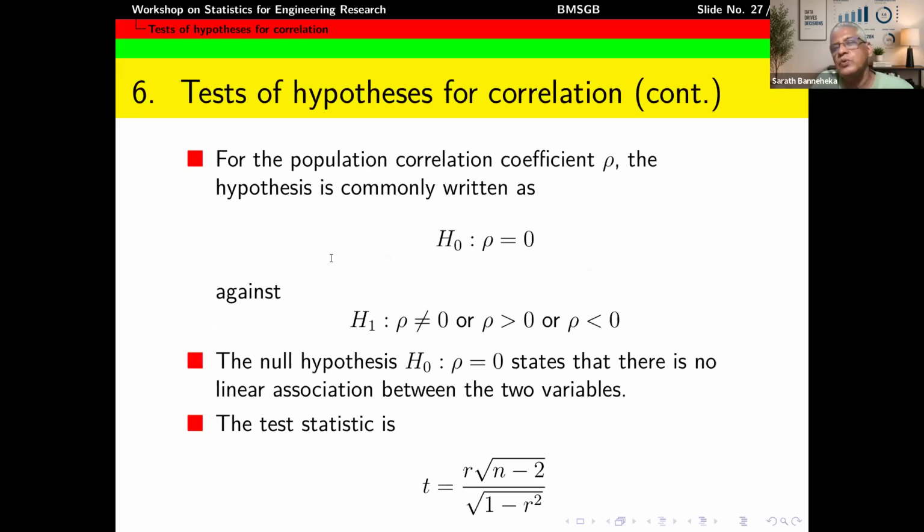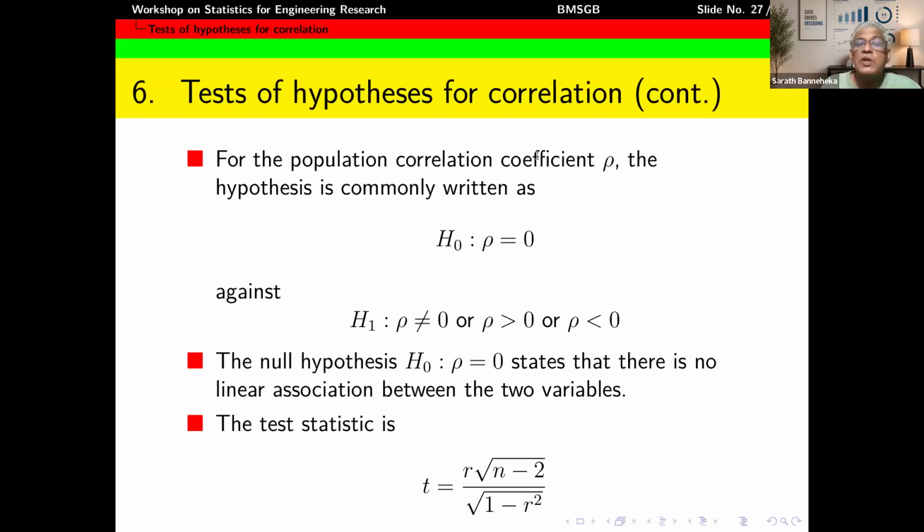Right? So if you are interested in finding out whether there is a relationship between X and Y in the population, especially whether there is a linear relationship between X and Y in the population, you would test H naught: rho equal to 0. Here, rho is the population correlation coefficient, not the sample quantity.